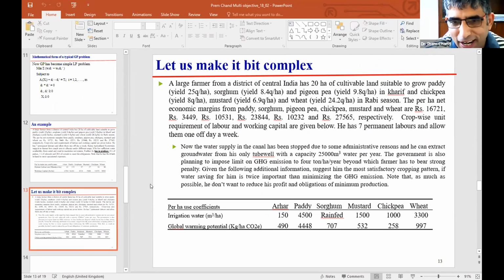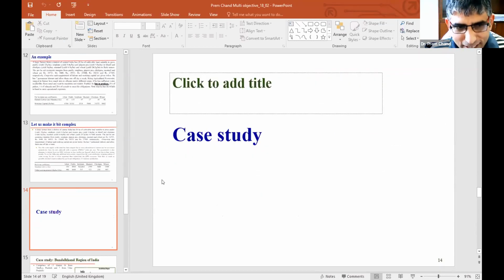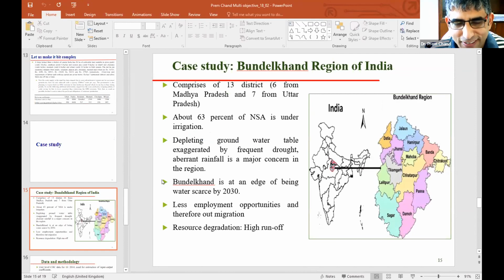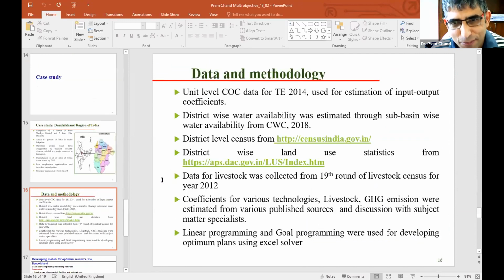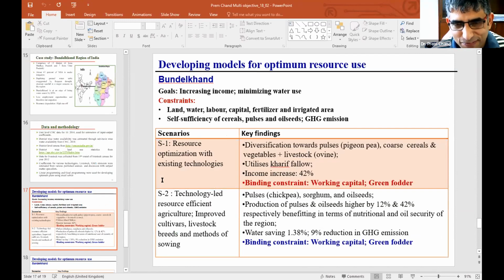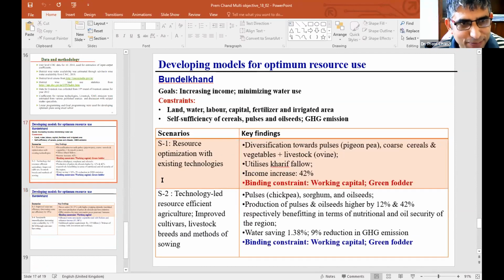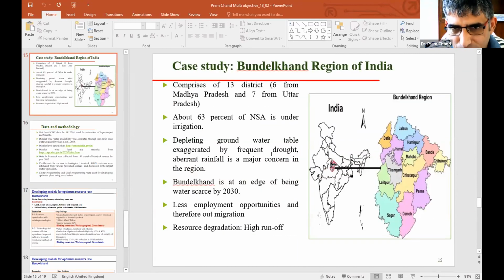I have a few slides on my results of a practical case study of the Bundelkhand region, but I think my practical in action will be sufficient to demonstrate what I have covered so far.